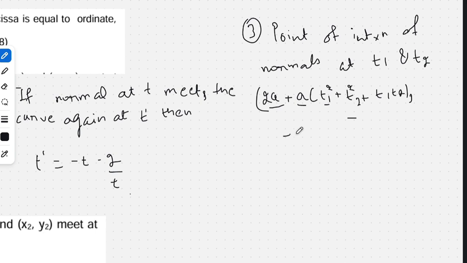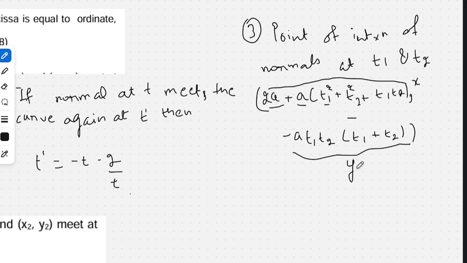Y coordinate is minus a t1 t2 into t1 plus t2. So this entire term is the x coordinate and this entire term is the y coordinate.